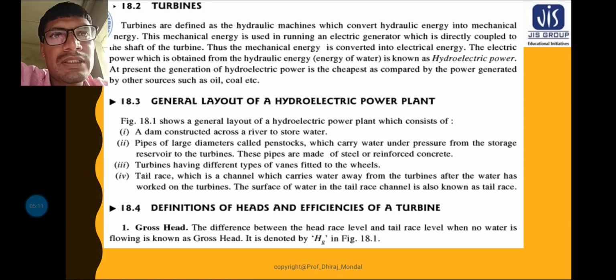When the shaft is rotated and we get shaft power, that means we get some mechanical work output. That shaft is coupled to an electric generator, and with the help of that generator we produce electrical energy.